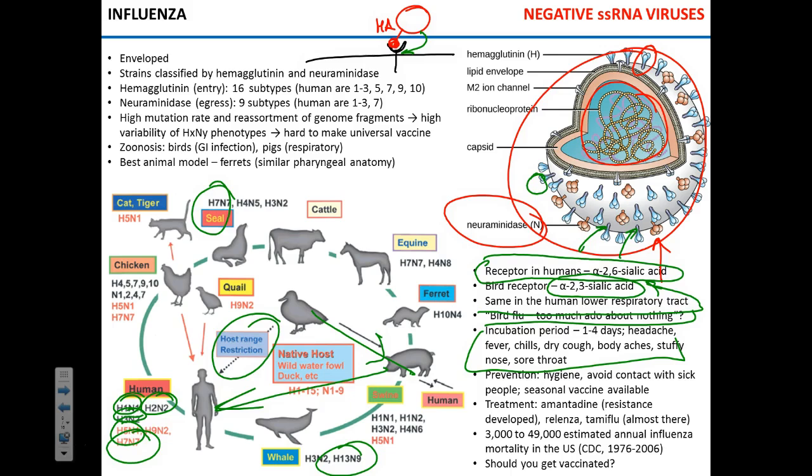Does that make sense? Because there is a study, so I give you the influenza mortality. It's a period of 30 years. They give you a range. One year it's 3,000, another year it's 49,000. Now here's the problem. The patient with the flu has nothing but the flu and dies. The patient died of the flu, right? The patient with the flu develops secondary bacterial pneumonia like strep pneumonia and dies of bacterial pneumonia.